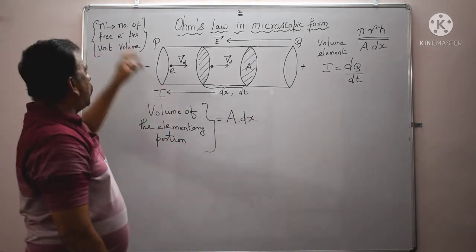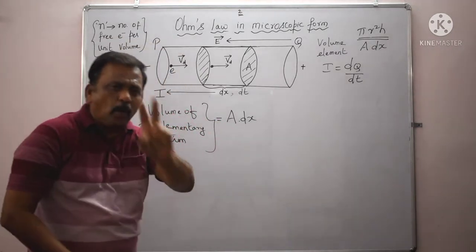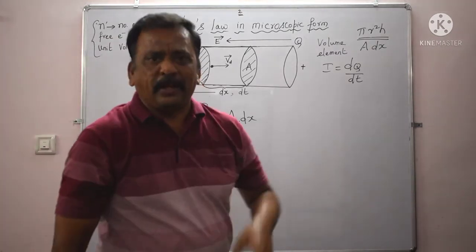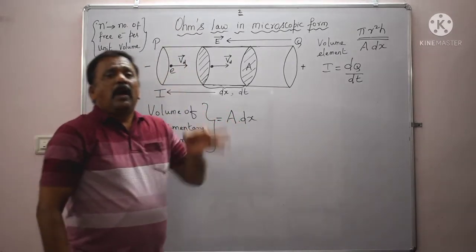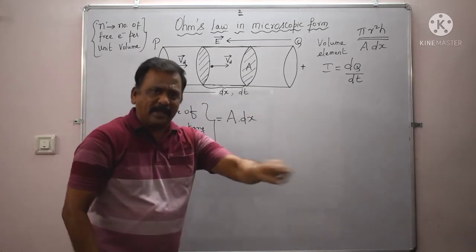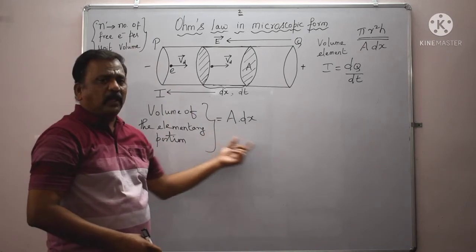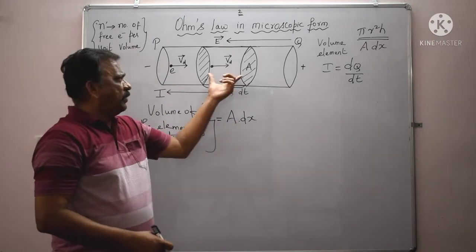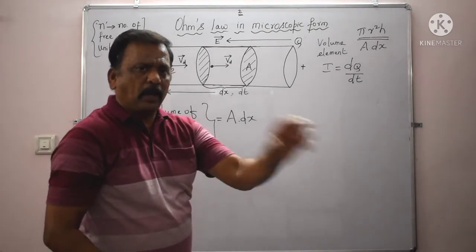So in 1 meter cube how many electrons are there? n number of free electrons are there. In 2 meter cube, how many free electrons will be there? 2 times n. So in A into dx meter cube, how many free electrons will be there? n into A into dx. So if I multiply the number of free electrons per unit volume with the volume of the elementary portion, I will end up with the number of free electrons in that particular portion.